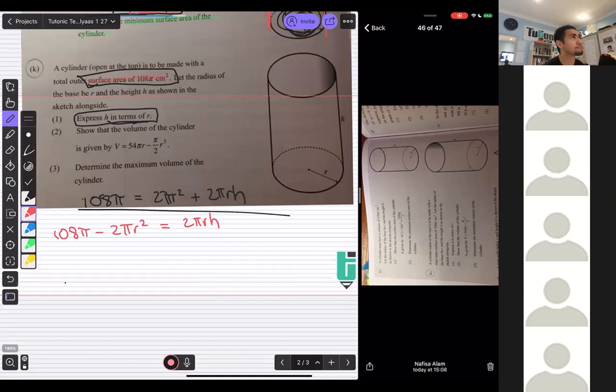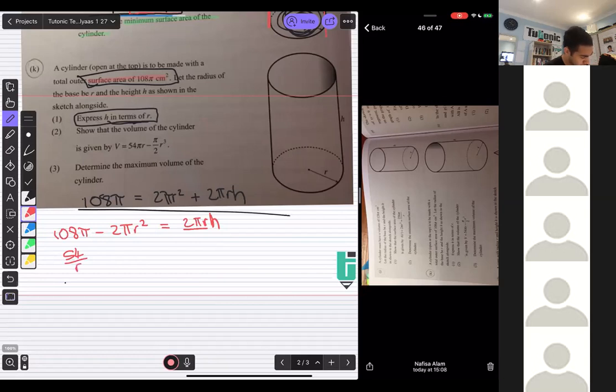Now we divide by 2 pi r one time to get h on its own. Yes. Okay. So what's 108 divided by 2? 54. So it's 54 over r.